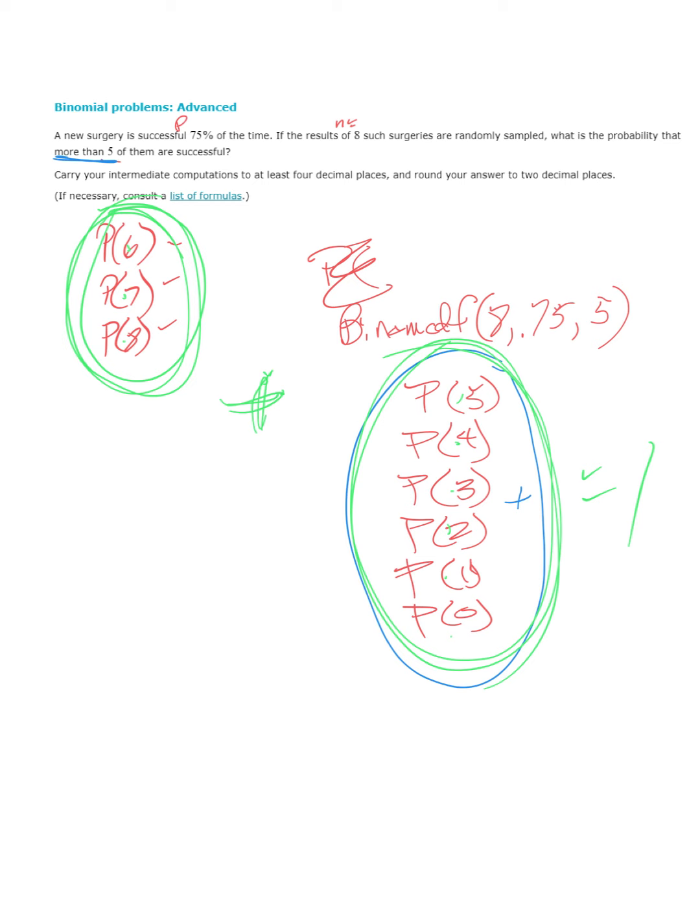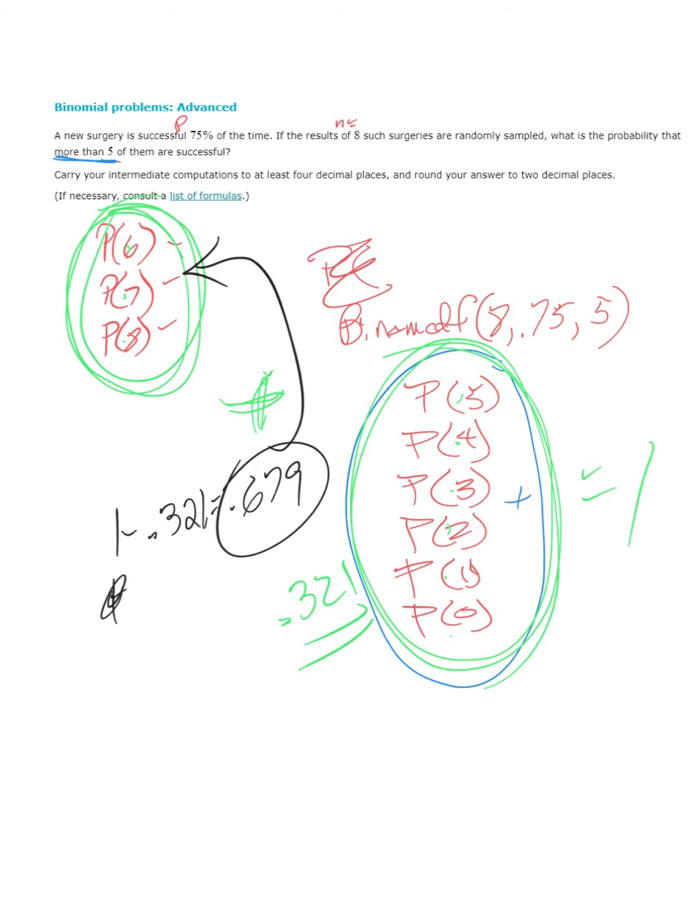This probability right here is 0.321. Okay, so what I'm going to end up doing is saying 1 minus 0.321. That's going to equal 0.679. That's going to be my answer to this problem right here because it's asking for more than 5. Okay, so play around with these, get good at them. Let me help if I can.